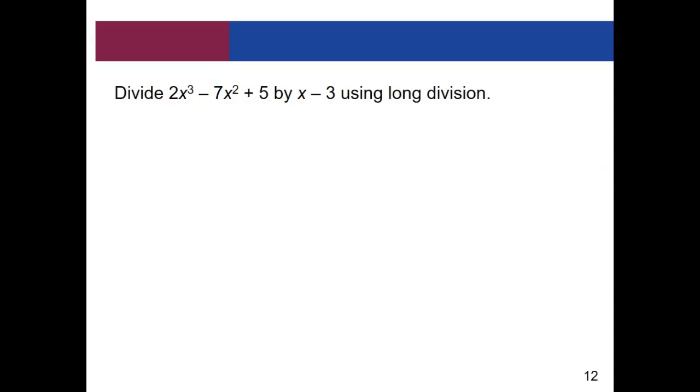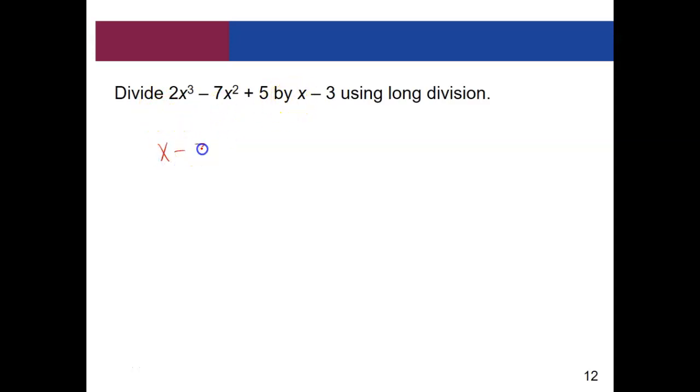Okay, and then we've got this example here to try. I'm actually going to go ahead and go through the steps on this one because I want to compare it to a way to do this using synthetic division.